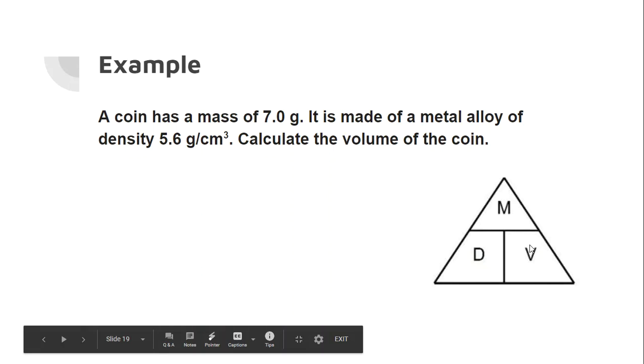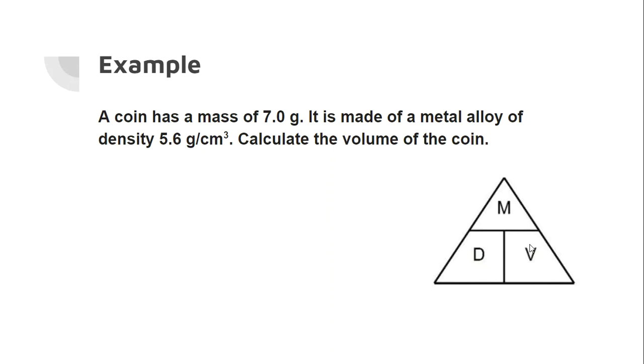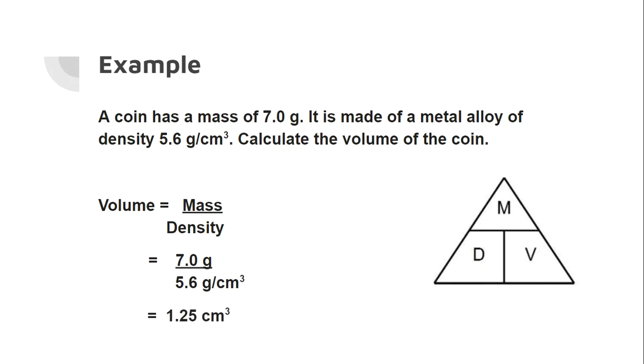If we cover the volume, the formula will be rearranged to be volume equals mass divided by density. We use our mass, 7 grams, and we divide it by the density, 5.6 grams per cubic centimeter, and the answer, the volume of the coin, is 1.25 cubic centimeters.